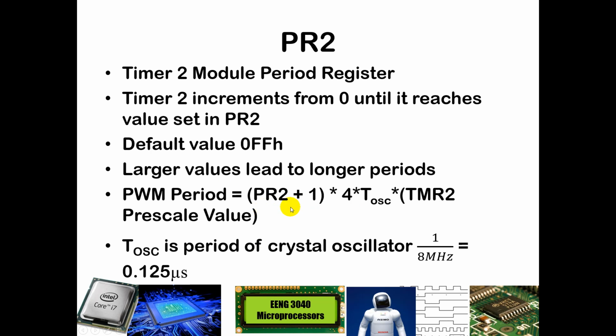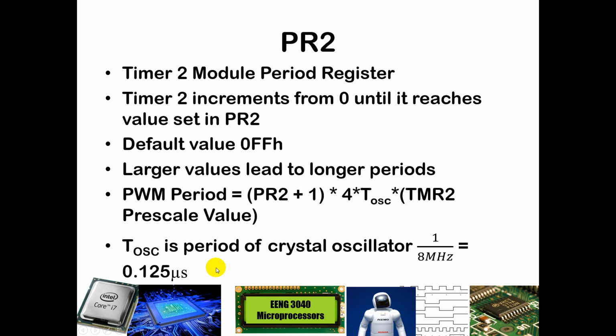The period, as a matter of microseconds, is based on this formula here: the value in the PR2 register plus 1, times 4, times the period of the oscillator. So this is dependent upon the crystal oscillator that we have. And for ours, since we are using the 8 megahertz crystal oscillator, it will have a period of 0.125 microseconds.